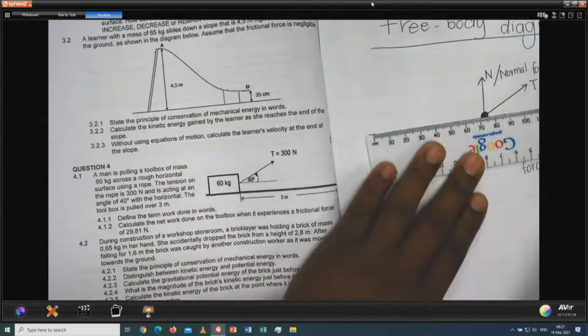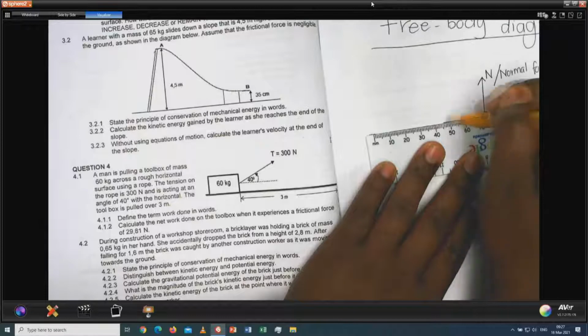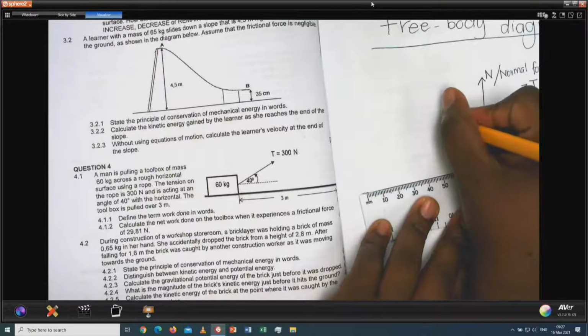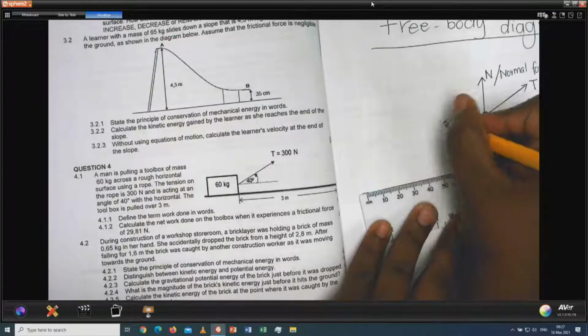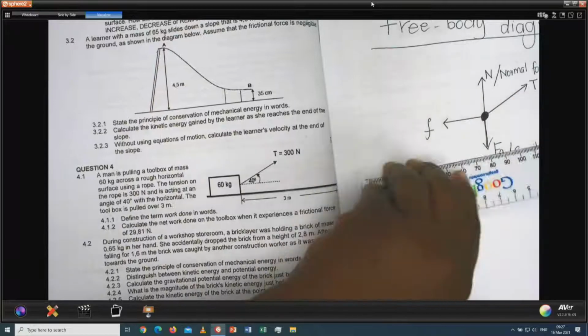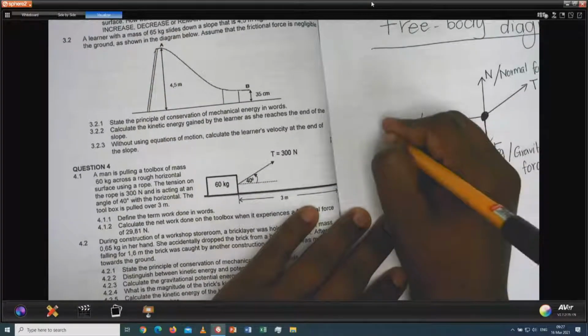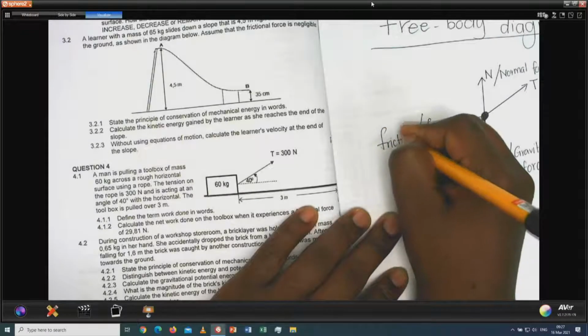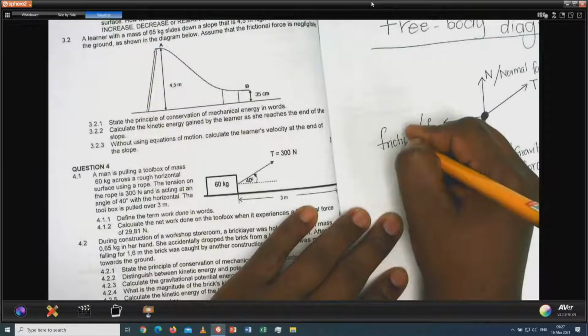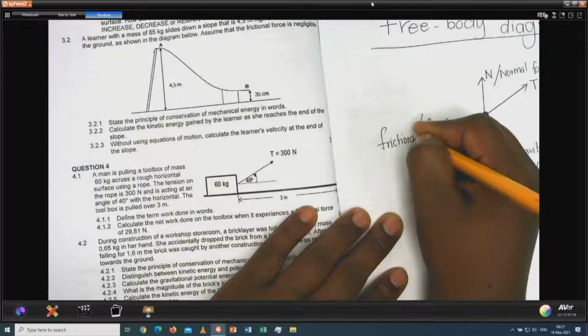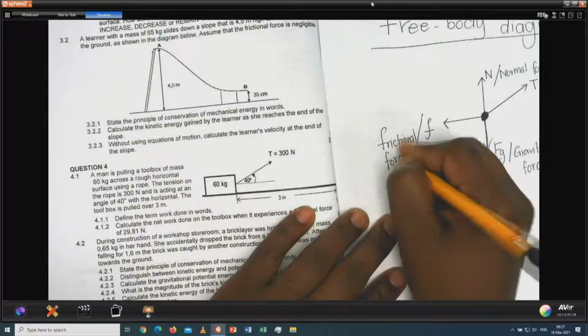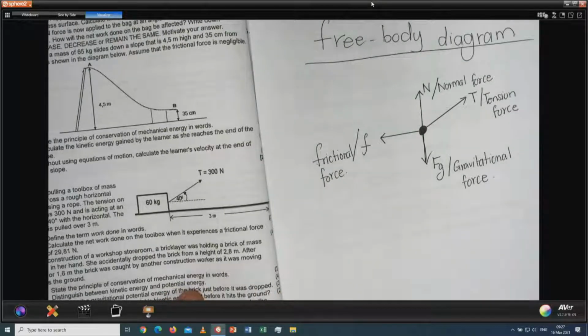And it is parallel to the surface. Then you can write also here in words frictional force. So here is our free body diagram.